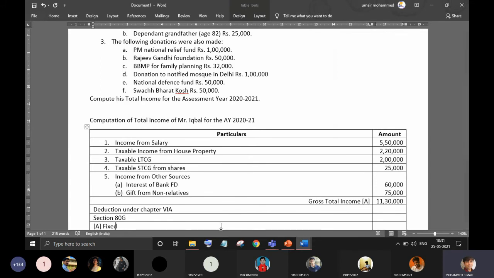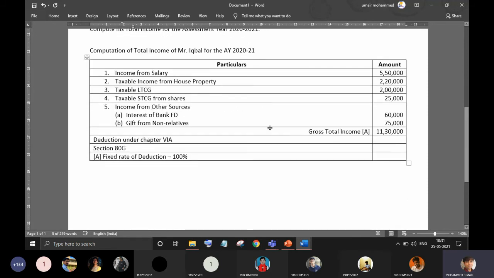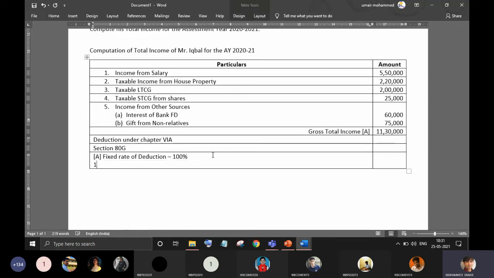So let's write fixed rate of deduction, which is 100%. Under this we have Prime Minister's National Relief Fund, and the amount contributed here is 1 lakh. So 1 lakh is the amount of donation given.